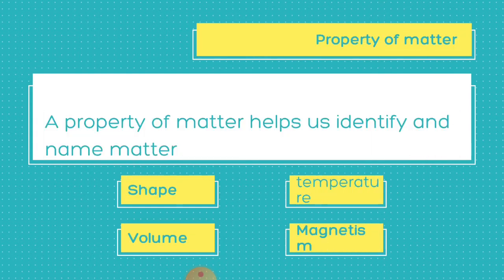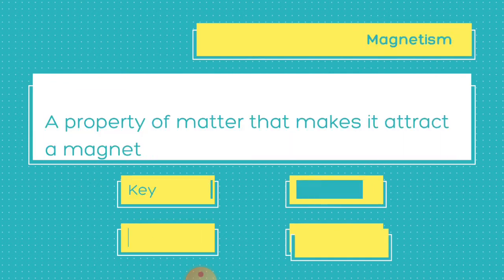Now, we said the property of matter helps us identify and name matter. Examples too, we have shape, volume, temperature, and magnetism. And we went further to look at magnetism in detail. And we said it's a property of matter that makes it attract a magnet. Not every matter can attract a magnet.